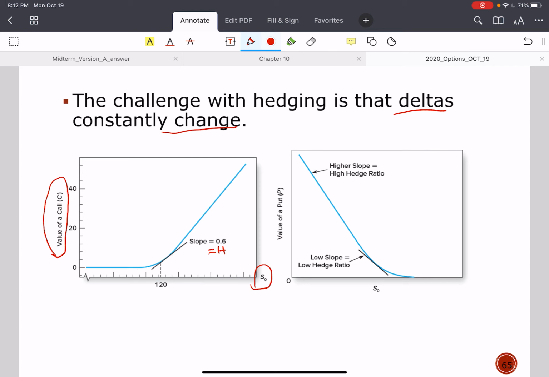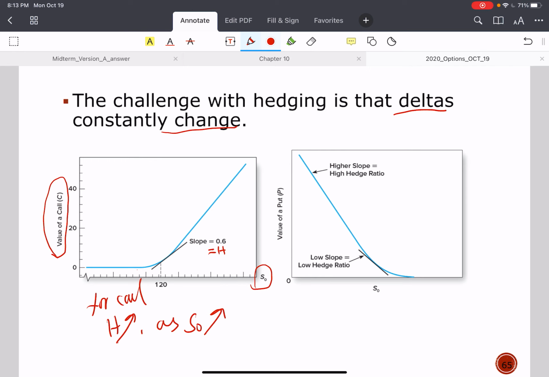What you can see here is if it's a call, when the stock price is low, then the hedge ratio is small. And when stock price is larger, the hedge ratio becomes larger. So this basically means that for a call, the hedge ratio increases as stock price increases, right?